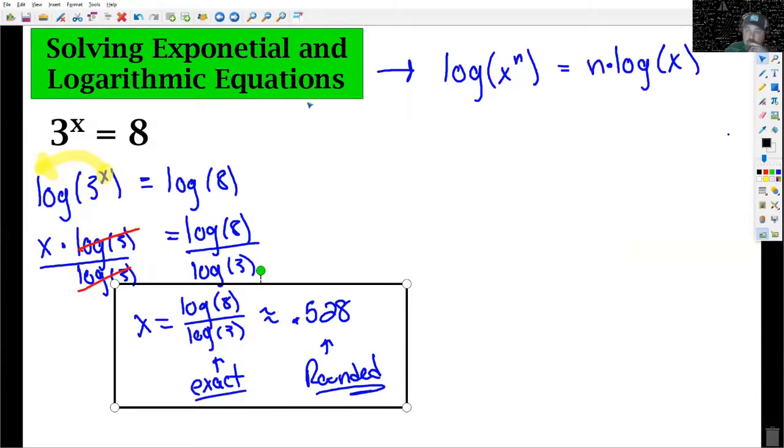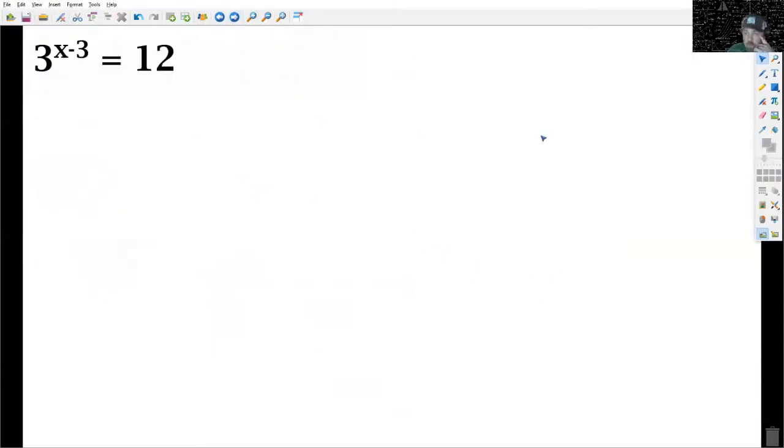Now, some of these things can get a little bit more complicated. So if we look at this one, this is different because we've got an x minus 3 up here on top. But we're still going to take the same steps to tackle this. We're going to write log on this side so we can get that exponent down and make that exponent a multiplication.